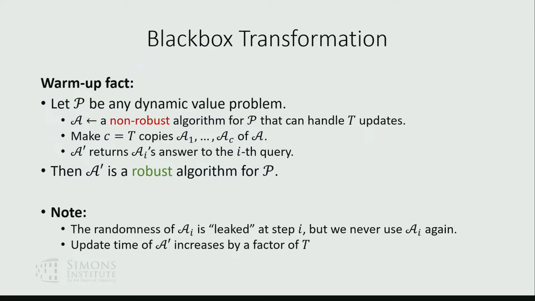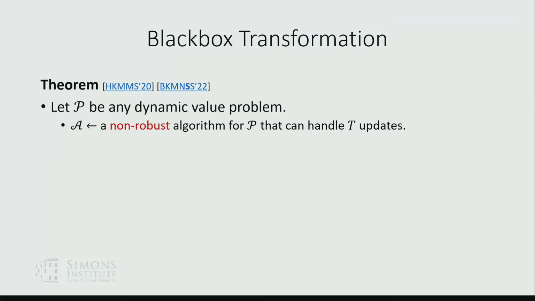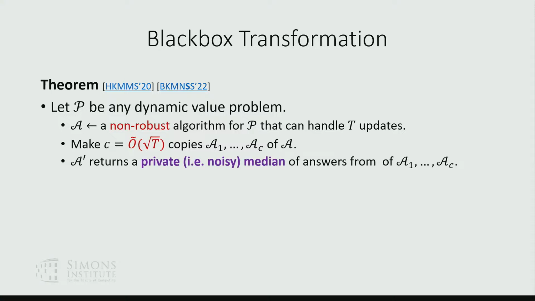Now, what is now known is that this can be improved. So now let me tell you what is the improvement. It's gonna be very similar. You have a problem P, and you have a non-robust algorithm that works up to T updates. I'm gonna make, instead of T, root T many copies. And what we're gonna do is return a noisy version of the median of these copies.